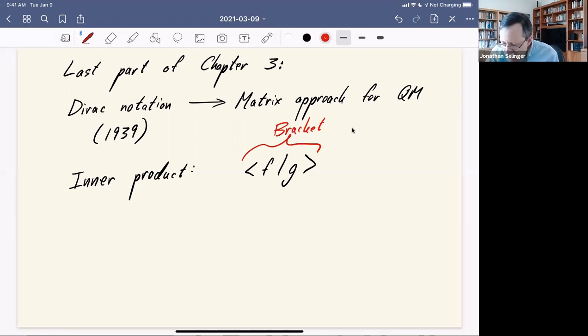Then he had the clever idea that it would be useful to talk about the front half and the back half separately. Rather than have this whole thing be one single mathematical object, we could think of this as the combination of the front half and the back half.